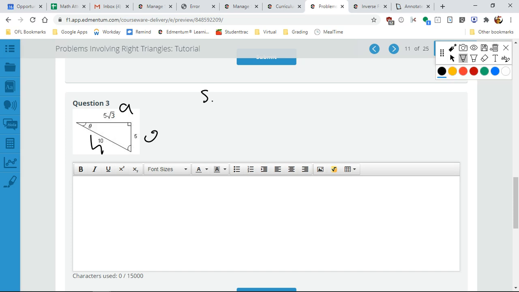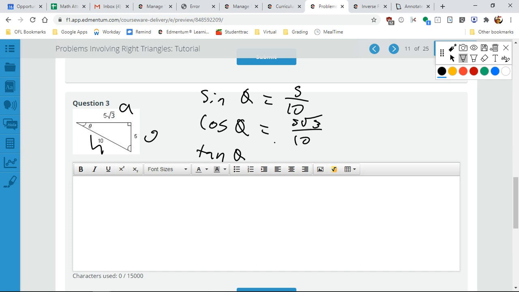So when we're doing this, sine theta equals opposite 5 over hypotenuse 10. And our next one would be cosine theta equals, what is it? Adjacent, 5 square root 3 over 10.